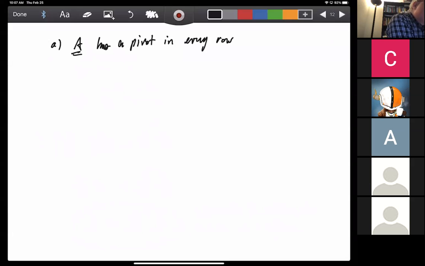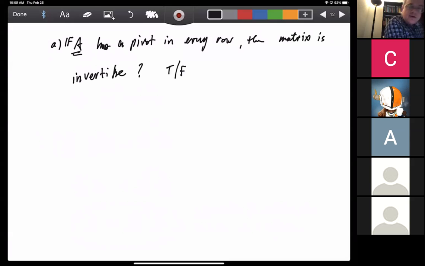Let's say the matrix has a pivot in every row. Does that mean that the matrix has to be invertible? So I'm asking you all, what do you think?